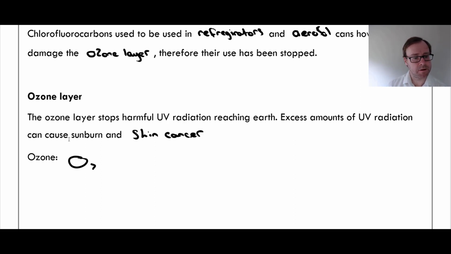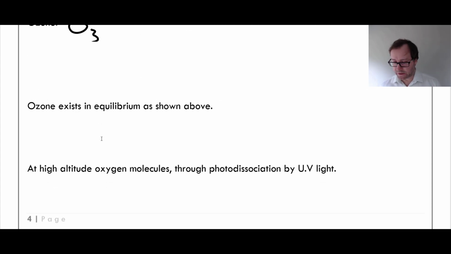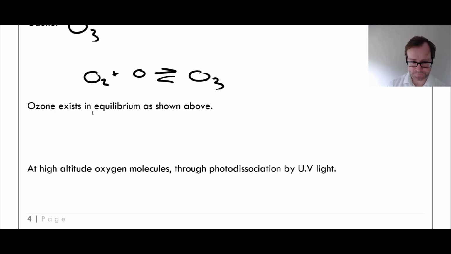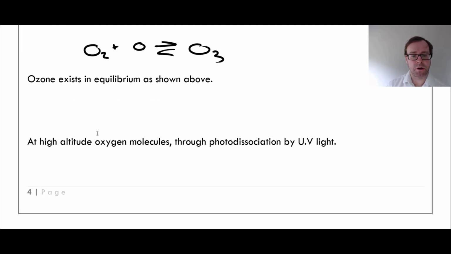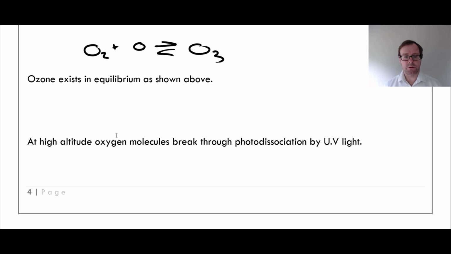Ozone looks like O3. And you can actually smell ozone. And ozone exists in equilibrium as shown above. So O2 plus O forms O3. At high altitude, oxygen molecules break through photodissociation by UV light.